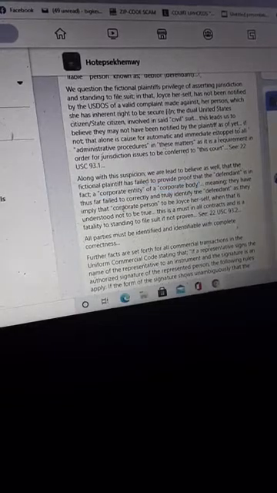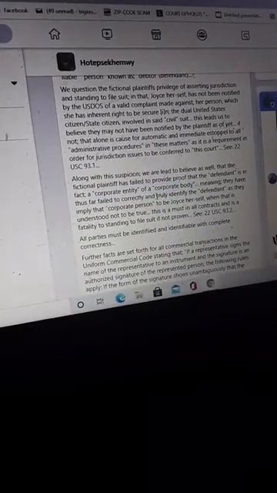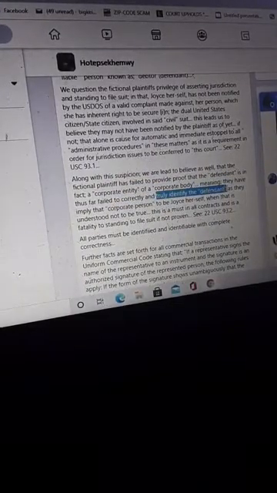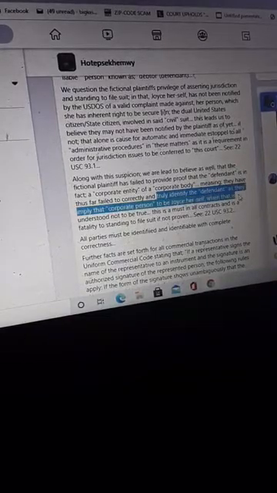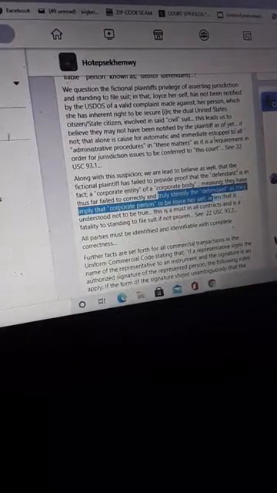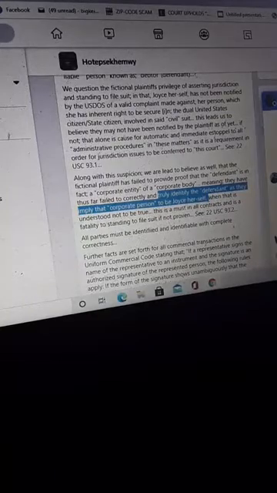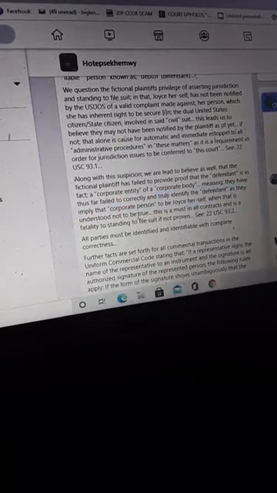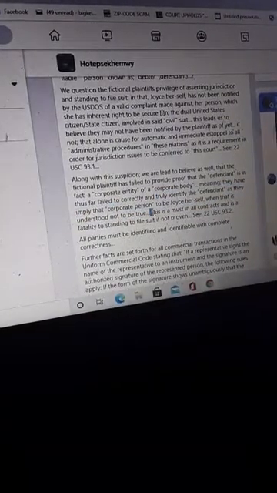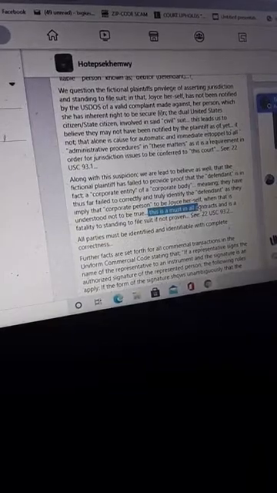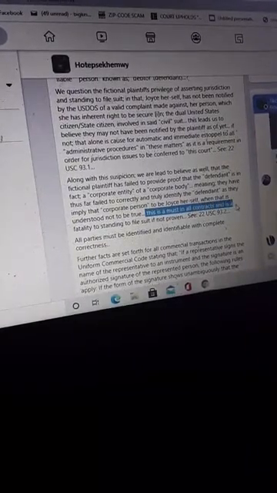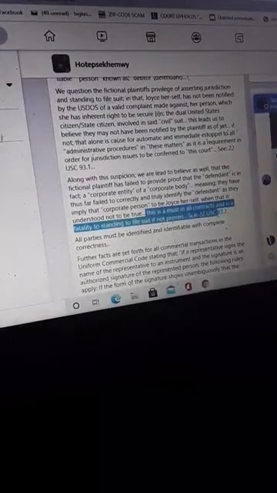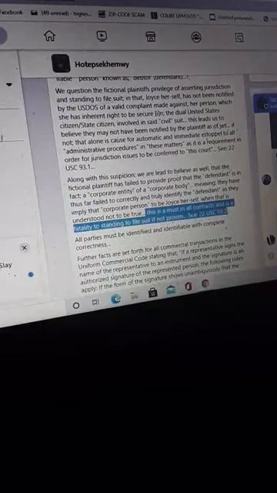Meaning they have thus far failed to correctly and truly identify the defendant, as they imply the corporate person to be Joyce herself, when that is understood not to be true. This is a must in all contracts and is a fatality to standing to file suit if not proven.